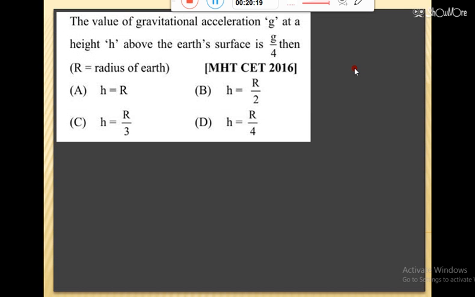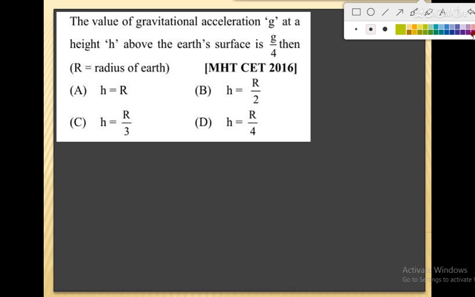The value of gravitation acceleration g at a height h above the surface is g by 4. I hope you know this relation; this topic we have done today, and the topic was about acceleration due to gravity.